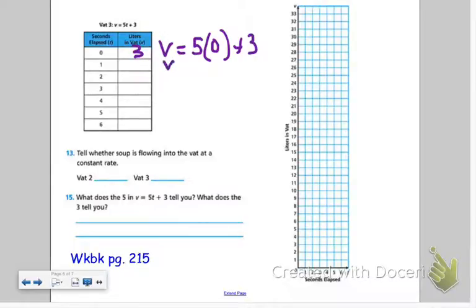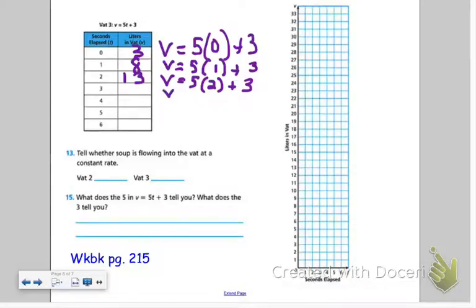Let's see, V equals 5 times 1 plus 3. Now we're putting 1 in for the time, 1 second. So 5 times 1 is 5, plus 3 more. Now we're up to 8. Let's see, now we'll put in 2. V equals 5 times 2 plus 3. 5 times 2 is 10, plus 3 is 13.